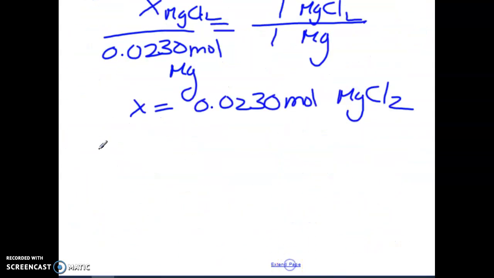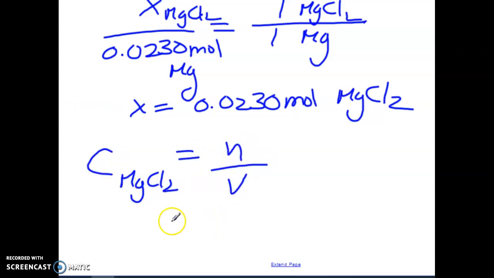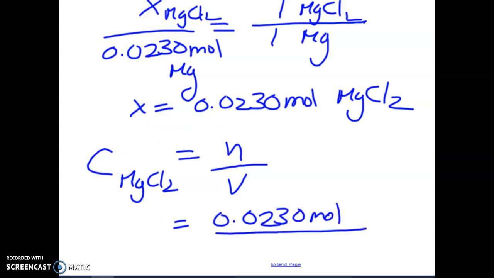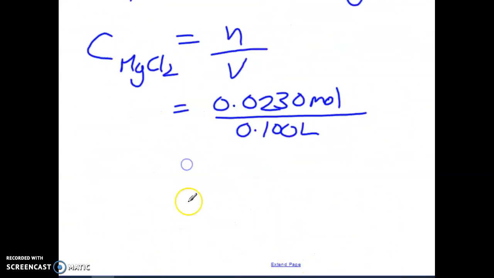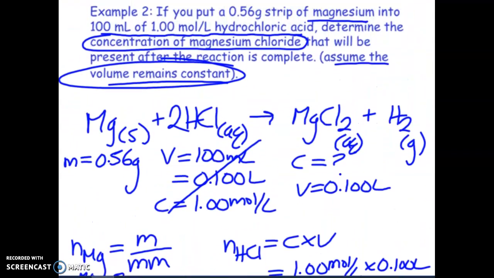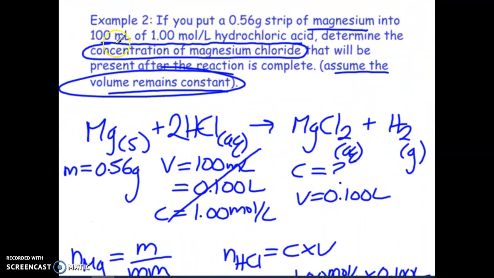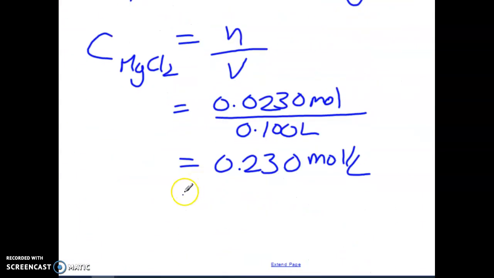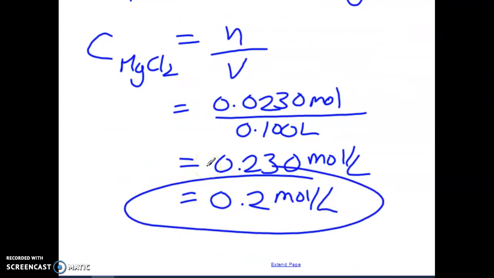So in order to solve for concentration of magnesium chloride, it's going to be moles per liter. So we have 0.0230 moles over, the volume is 0.1 liters. So we get here 0.230 moles per liter. And then for sig figs, we have one significant digit that's given. So actually this would round to 0.2 moles per liter.